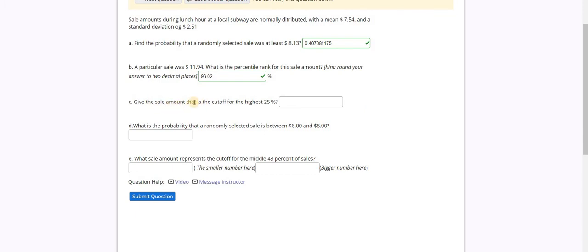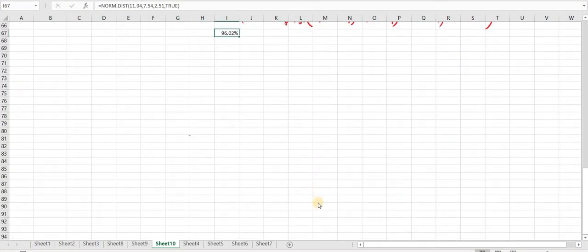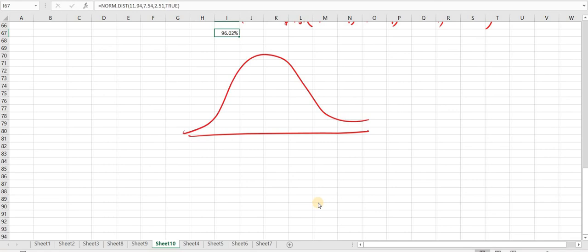Give the sale amount that is the cutoff for the highest 25%. The highest 25% of prices are usually at the right of the curve, or at the top of the curve. So let me draw the picture. So here is the normal distribution again for the sales, and the mean is 7.54. The standard deviation is 2.51.